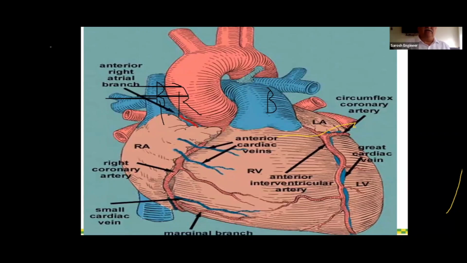Okay. So since the superior vena cava is coming and opening into this chamber, it is called the right atrium. The chamber which receives all the blood from the body is the right atrium. It receives all the deoxygenated blood. Please don't use the word impure blood, especially in front of a patient.